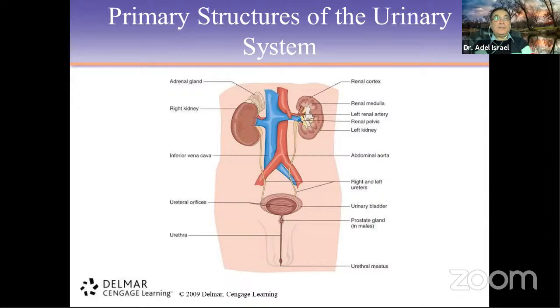So if the right kidney is lower than the left kidney, also by the nature of development, the right testis should be lower than the left testis. So it will be part of your job to examine such cases so you get familiar with this.